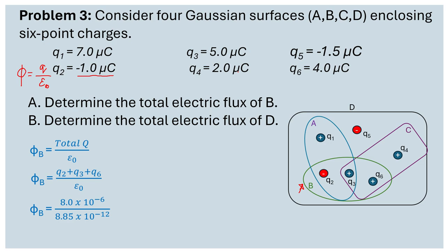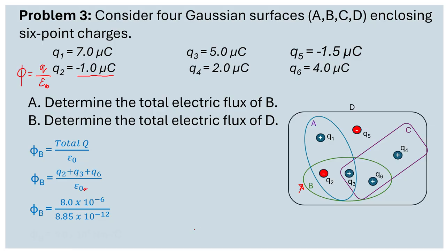It's 8.0 times 10 to the negative 6. And of course, you need to use the constant value of the permittivity, which is 8.85 times 10 to the negative 12. And proceed to division.